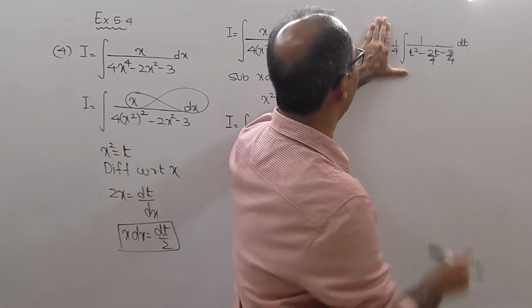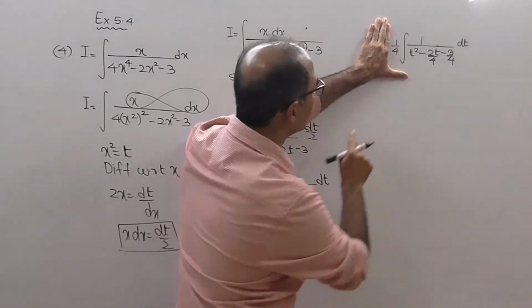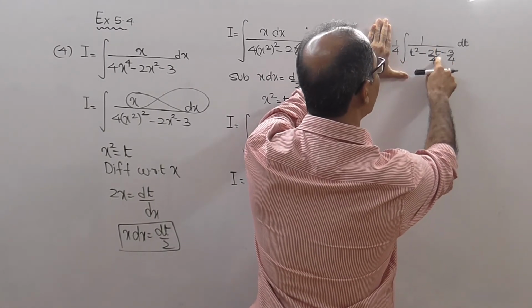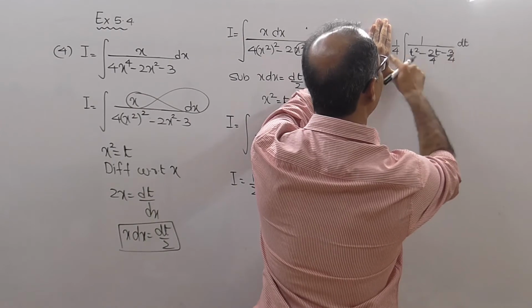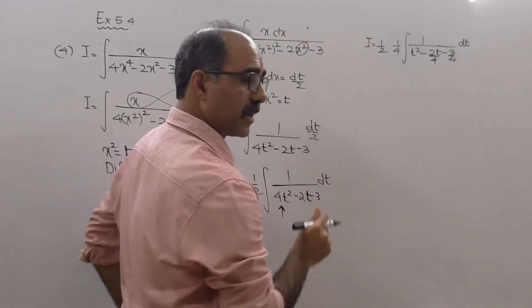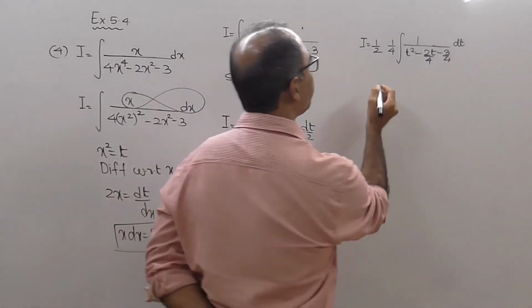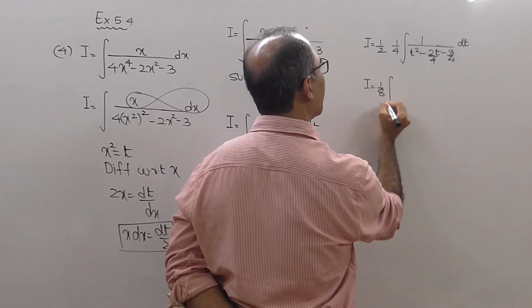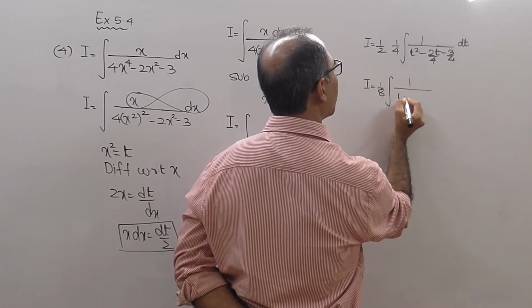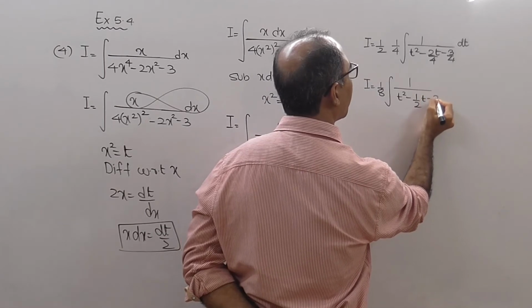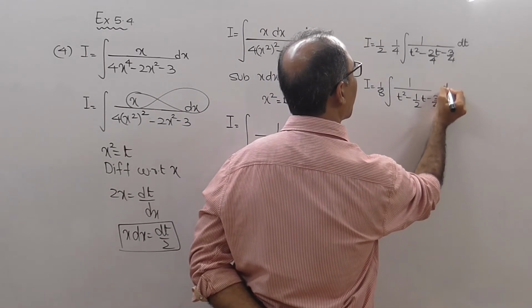Open करके देखो ना, 4 into t square, 4t square, 4 into 2 by 4, 4 cut, I think you get minus 2, 4 into minus 3 by 4, 4 cut, I think you get it as minus 3. Okay, so I equal to, this becomes 1 upon 8, integration 1 upon, I think this is t square minus half t minus 3 by 4 and dt.